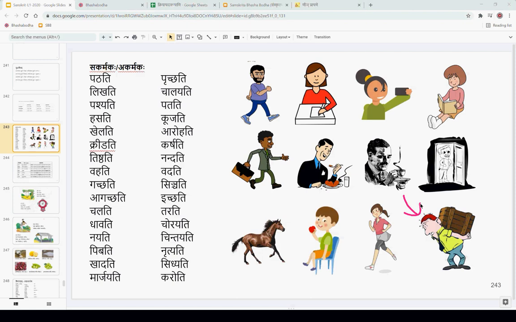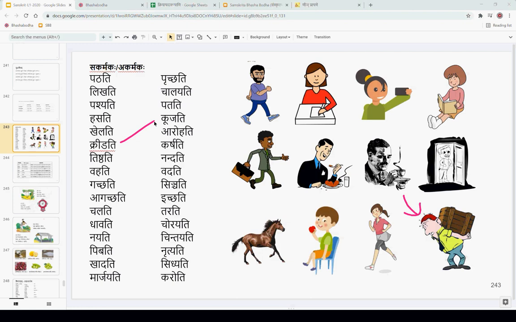So you know that. Now, some of the words which do not translate properly to the English equivalent of usage could be confusing, like what happened with gachati. Similarly, here say kridati. What is the meaning of kridati? Play.